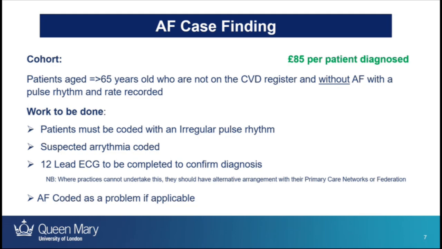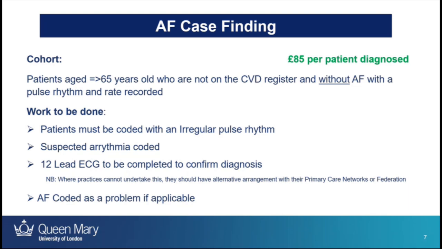The work that you need to do to receive the £85 per patient that's diagnosed: they must have an irregular pulse. So first of all, pulse rhythm recorded, pulse rate recorded, and then of that, it's an irregular pulse. Once they've had the irregular pulse recorded, they must have suspected arrhythmia recorded as well. From that, you would then move on and do a 12-lead ECG.